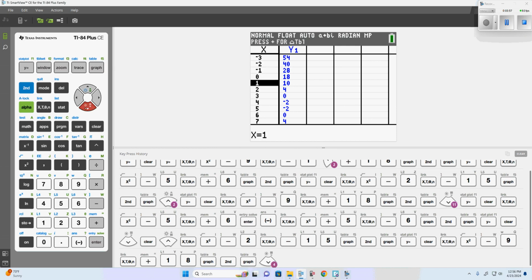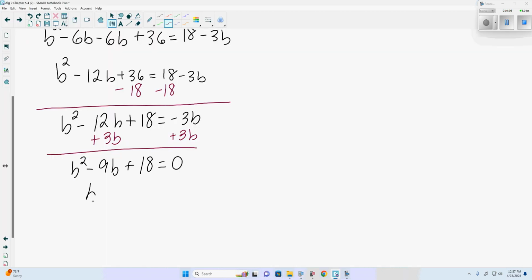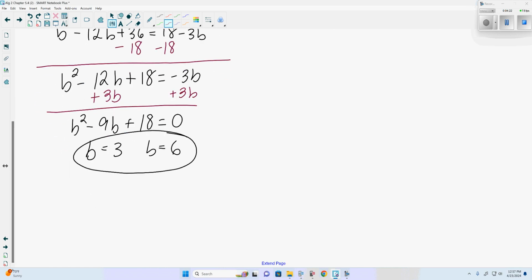And again, we're looking for what values of x will make the y value be 0. So 3 and 6. So here we're saying b is equal to 3, and b is equal to 6. Now those are the two solutions. So we did solve. We can either graph it or factor it. Either way works.